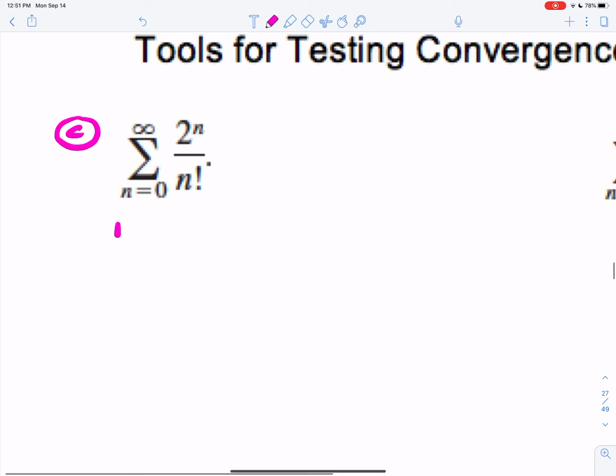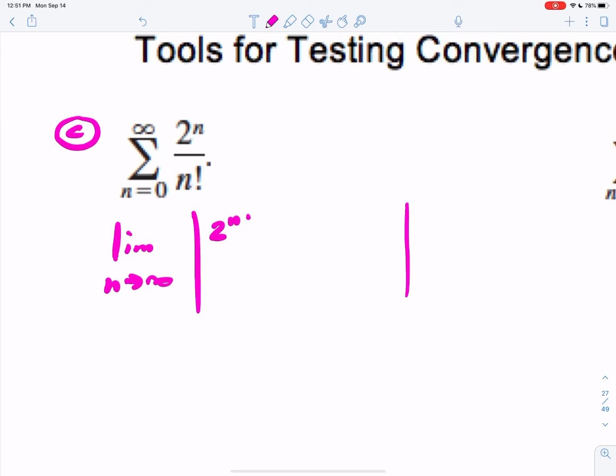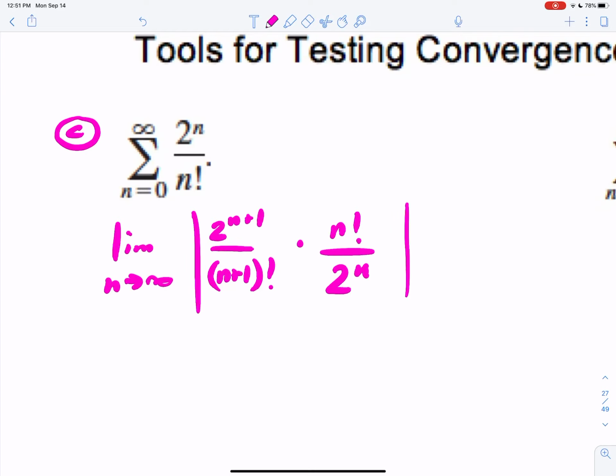Okay, here, I'm going to take the limit as n goes to infinity of the absolute value of the a sub n plus 1 term, divided by the a sub n term, or multiplying by its reciprocal. Okay?